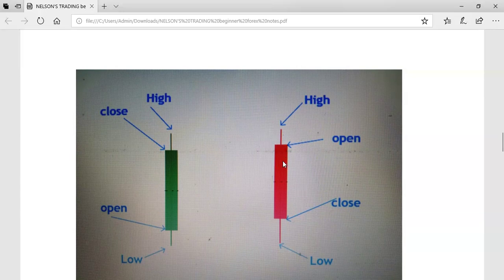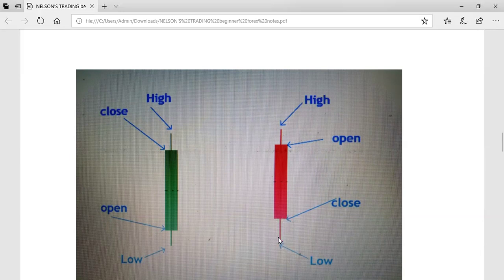Then the buyers will try to push the price up to this point, but the sellers will push the price downwards. So that is what we call the highest point the price reached during that specific time. Then the price went down to this point. It closes at this point, but it had gone before down to this point.